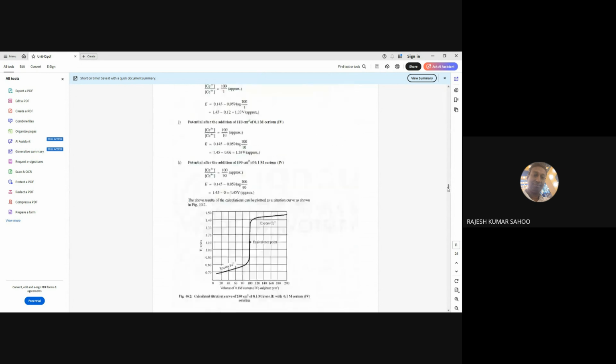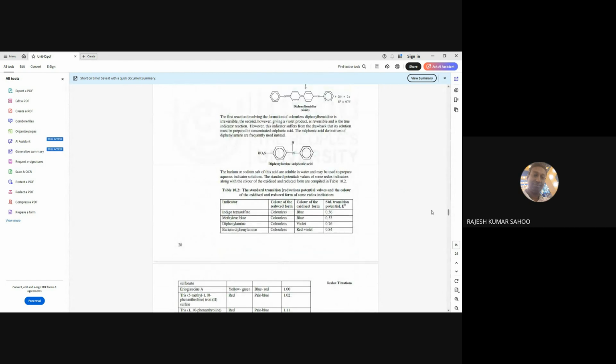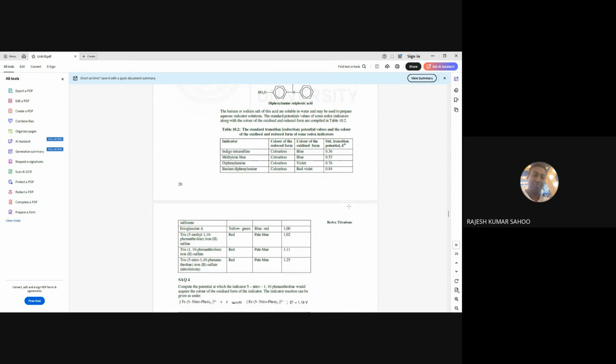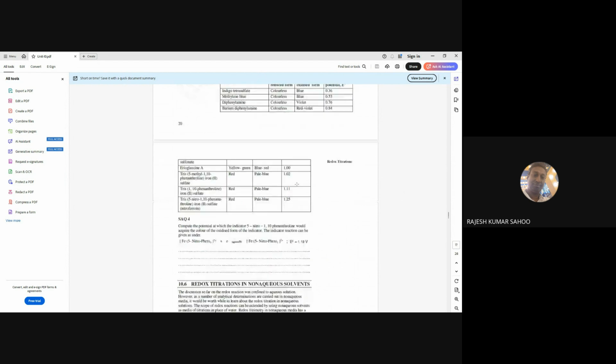That question will come. Then one more thing is which type of indicators are used for which type of compounds. For example, they will ask you that if the indicator is diphenylamine, then what is its color change? It is from colorless to violet. Means the type of color change, whatever it may be, depending on the indicator used.